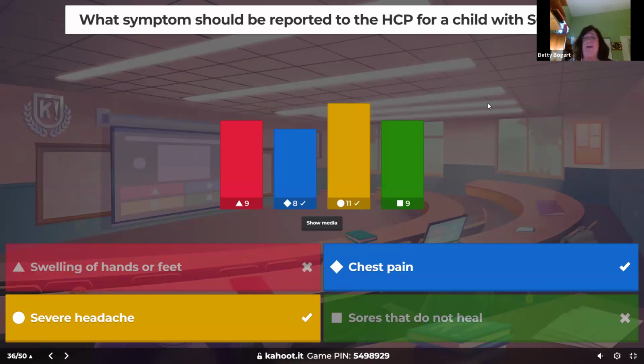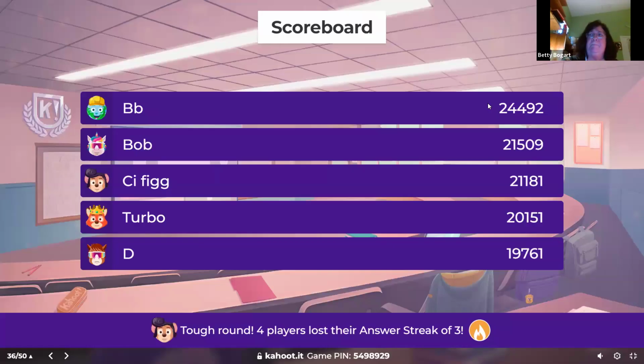And then headache, is it going into a stroke? Both of those are emergency. Sores that do not heal, not necessarily there. Swelling of hands, yeah, that's normal. But we're talking emergency things that are things that they would really need to be notified.